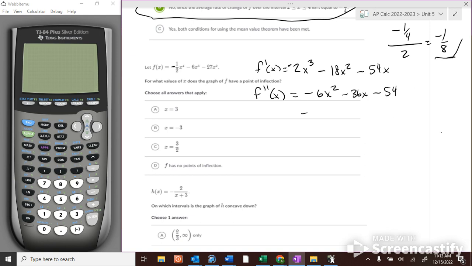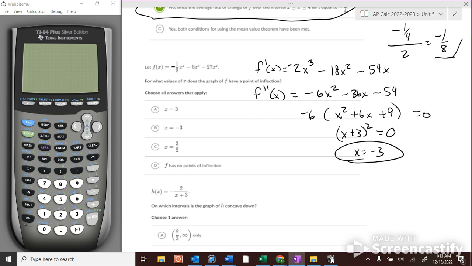All right, if we factor out a negative 6, we get x squared plus 6x plus 9. Set it equal to 0. We get x plus 3 quantity squared equals 0. So x equals negative 3. So at negative 3, we should have a point of inflection. It is a double root.